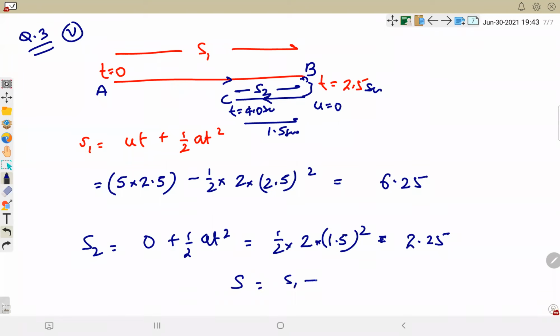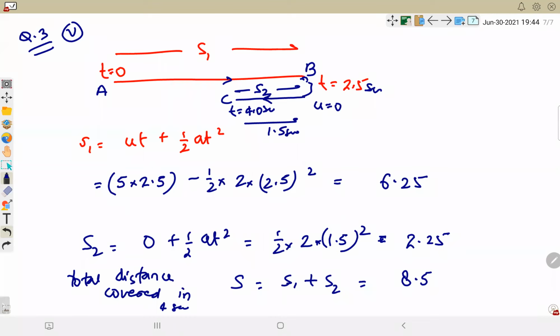Total distance covered is S1 plus S2. We did something exactly similar earlier, but there we integrated or differentiated to find where the velocity is 0, and then we broke the journey into forward and backward directions. For total distance covered, we have to break this journey into two parts, forward direction and then backward direction.